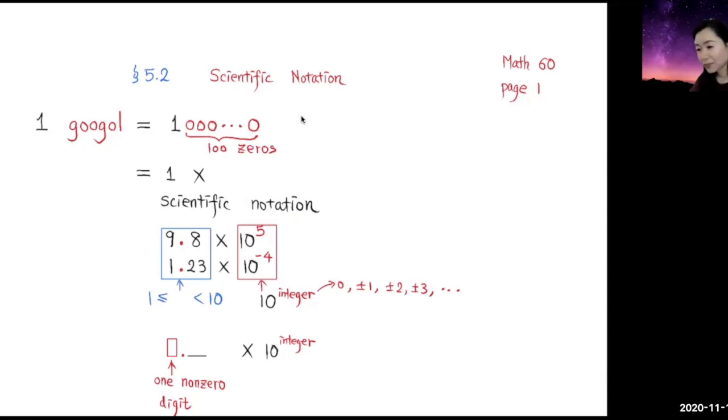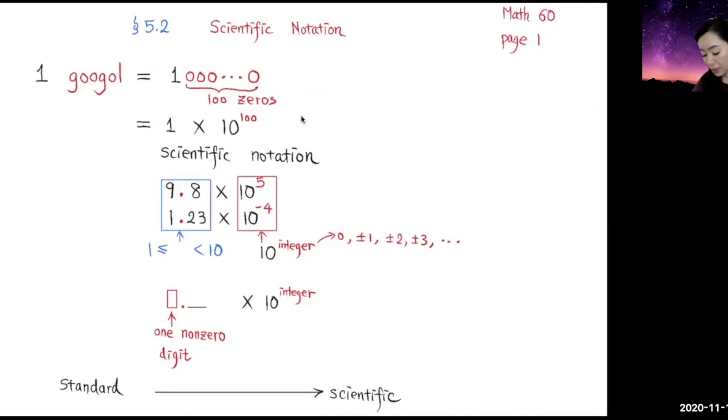In scientific notation, this number is represented as 1 times 10 to the what power, you think? 100 power. Then this is going to be 1, and then after that, you have 100 zeros. So this is the scientific notation for one googol.